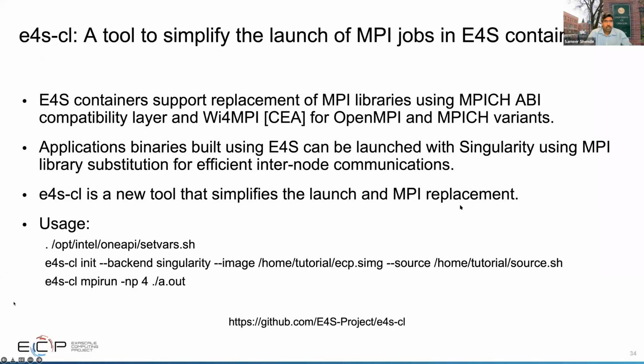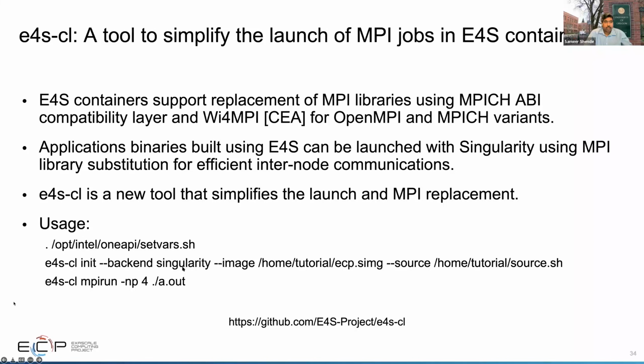And this is the tool that is used to launch MPI jobs. What this allows you to do is replace the MPI in your containerized application with the system MPI. And this system MPI could be Intel MPI, MVAPICH2, OpenMPI, and you can replace it. And all you need to do is specify which kind of container you're using.